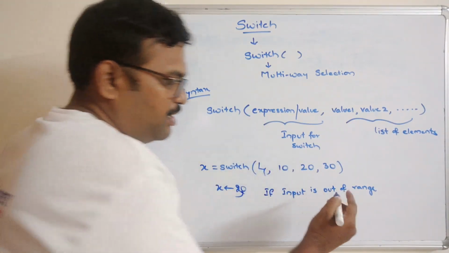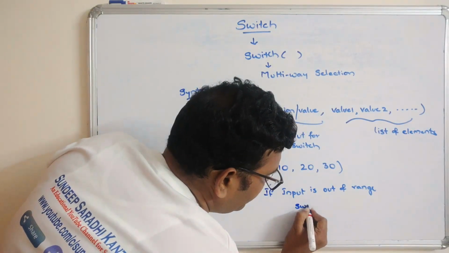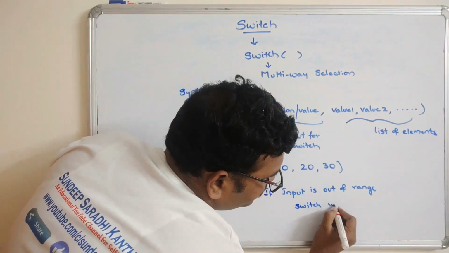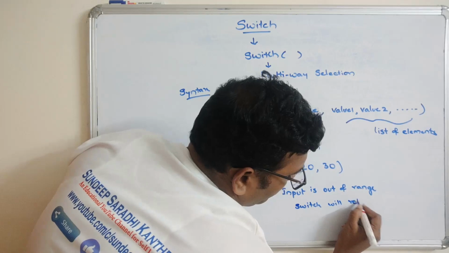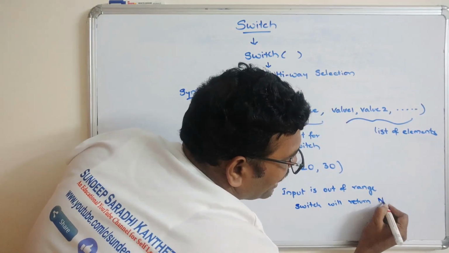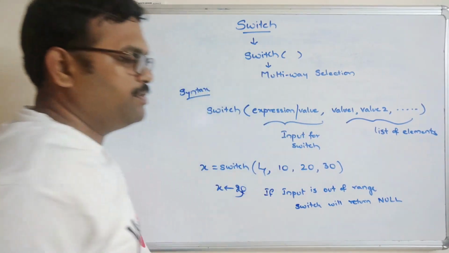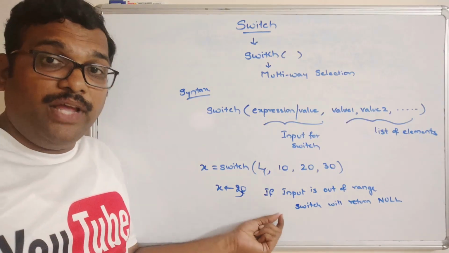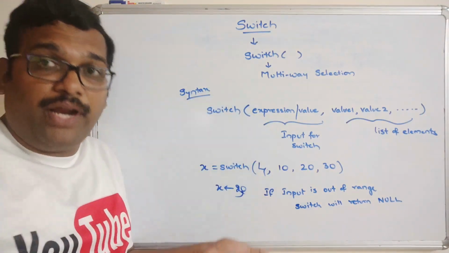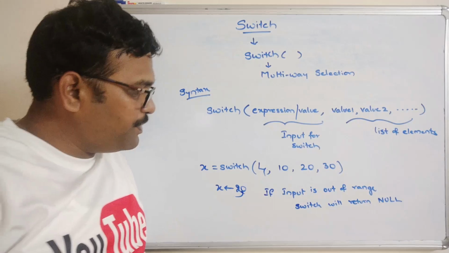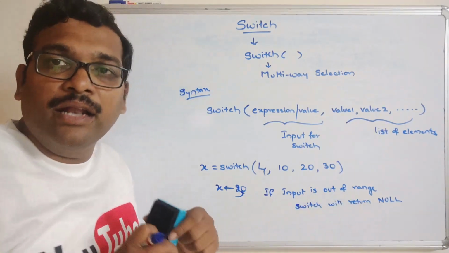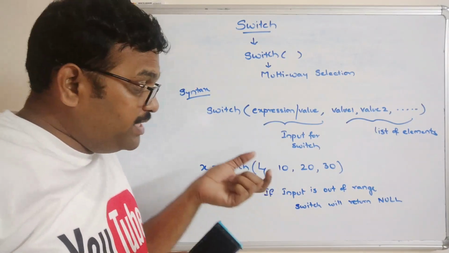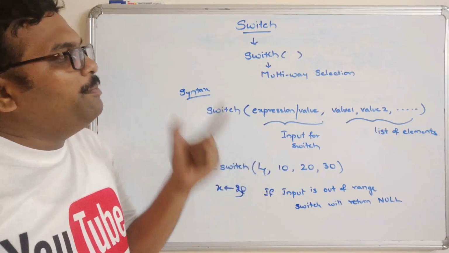In such a case, switch will return null. If the given input is out of range, the switch function immediately returns null. So this is one way to implement the switch.